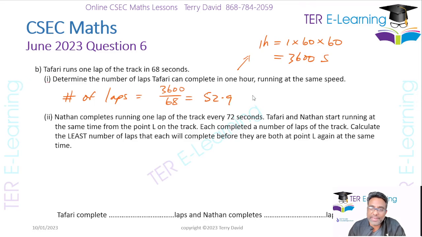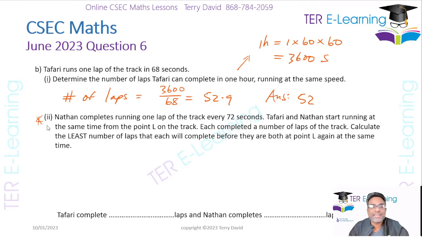You're getting 52.9 laps. Now, they said, how many laps will he complete in 1 hour, right? If you notice something here, he's not going to make it to the 53rd lap. So your answer, right, the number of laps is going to be 52 rather than 59. You're not going to round up, right? Because the time ran out, right? 1 hour came before he was able to finish the 53rd lap, right? All right, so that's part 1.